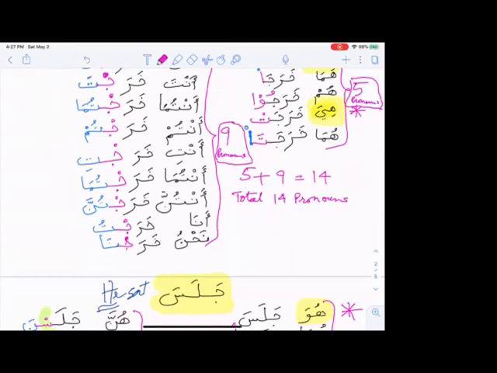Antum kharajtum. Anti kharajti. Antuma kharajtuma. Antunna kharajtunna. Ana kharajtu. Nahnu kharajna.